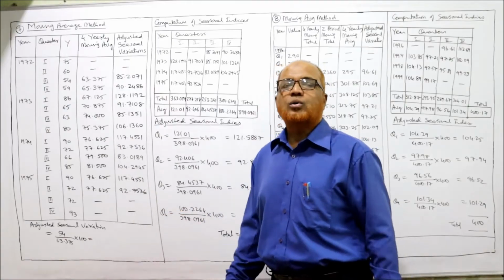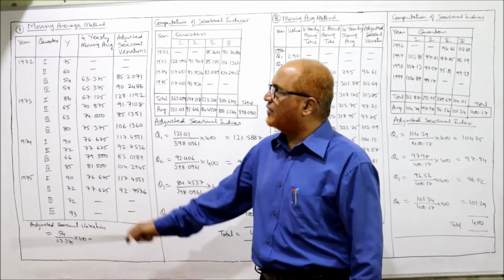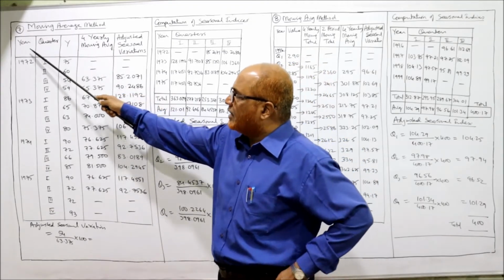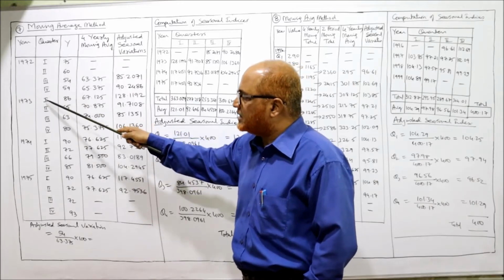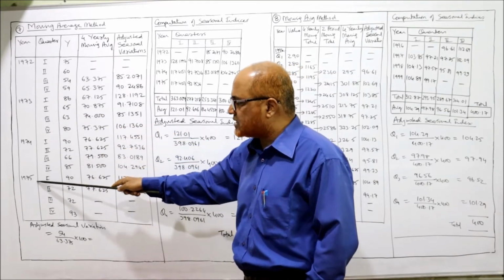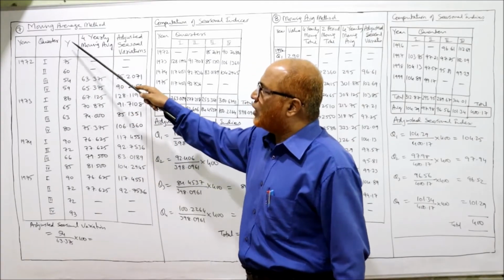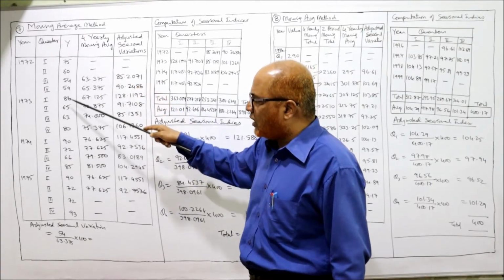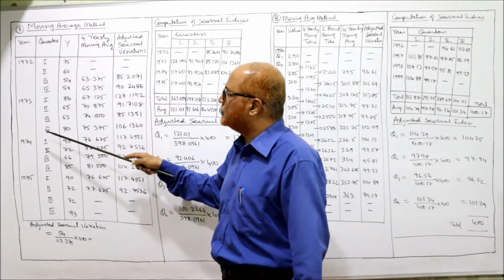Now see how to find out the seasonal index using ratio to moving average method. Year 1972, 4 quarters, 1, 2, 3, 4; 73, 4 quarters; 74, 4 quarters; 75, 4 quarters. That is given in the problem, and for each quarter, values of y are given. All these values are copied down from the textbook, from the question paper.